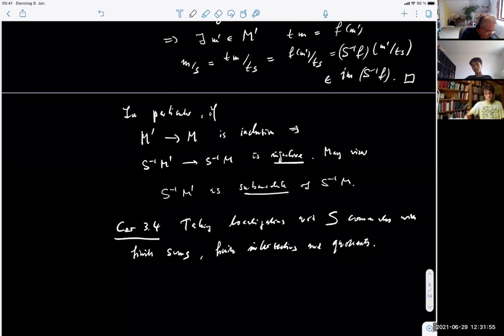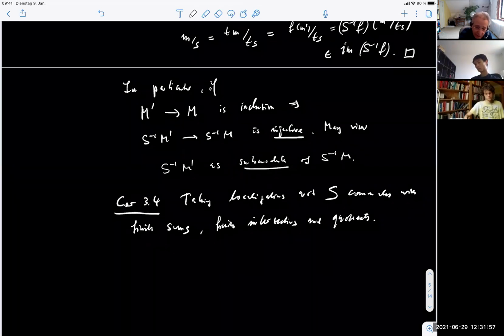So let's write it down explicitly. Let's only write it for sums of two or intersections of two submodules, just to save notation, N and P of a module M.